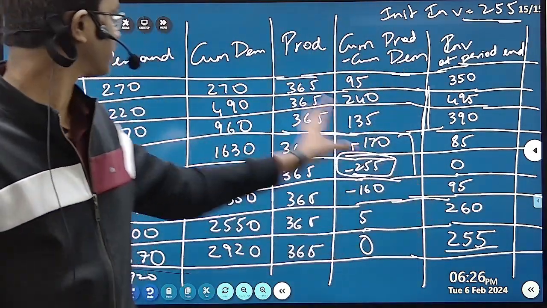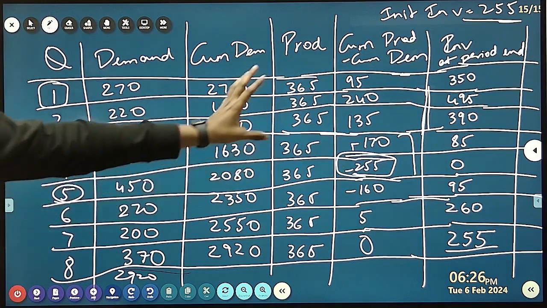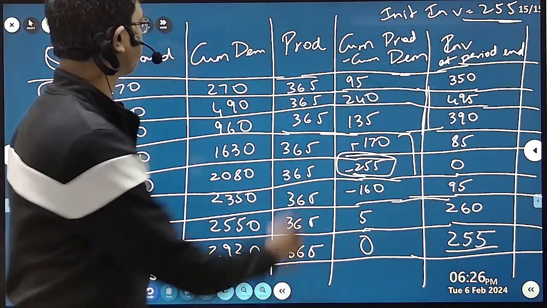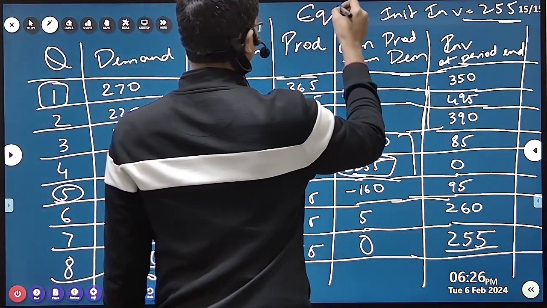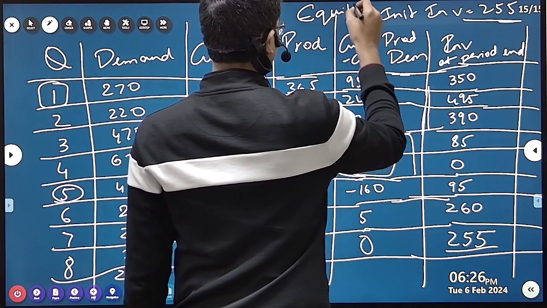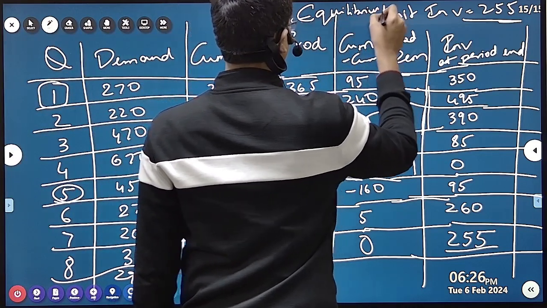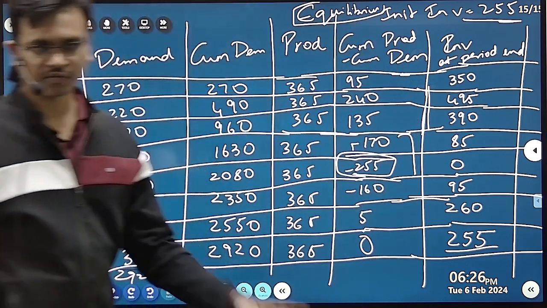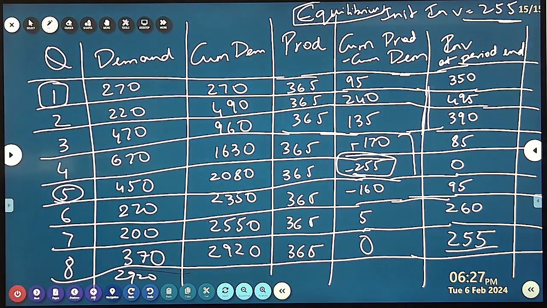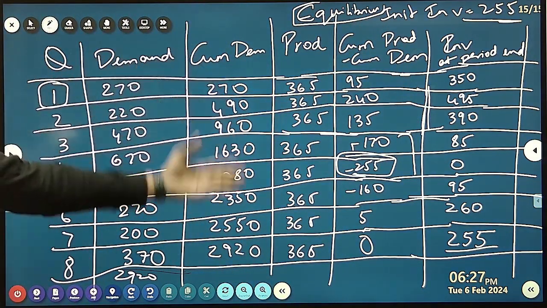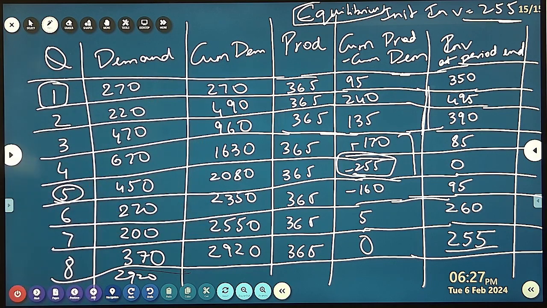Logically it will come. So in all the varying inventory level problems, you will have to assume that we are at equilibrium.